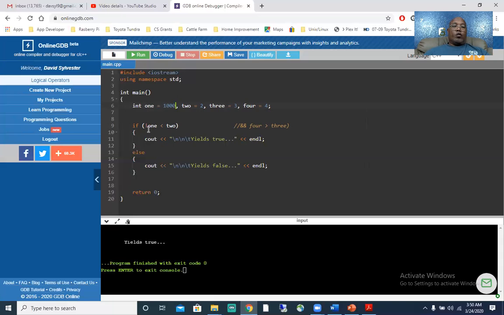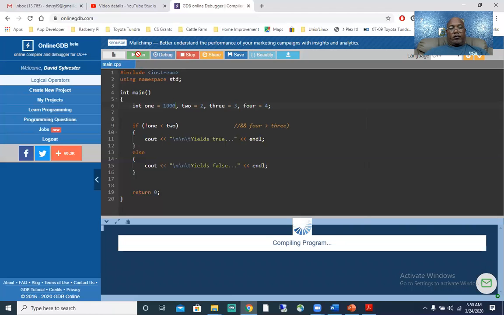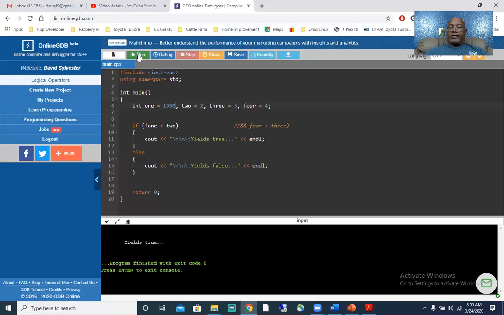So 1 is not 0, so it's 1. So not 1 would be 0. 0 less than 2, that is true. So when we run this, we'll get true. See what I'm saying?